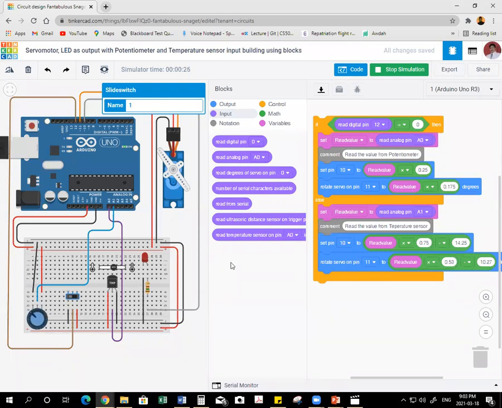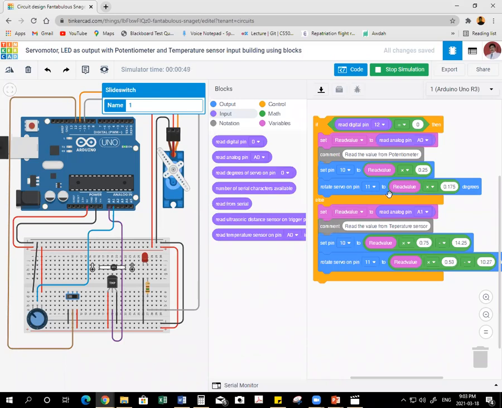I think some connections are missing. Read from analog pin A1. And analog pin A0, no problem. Rotate servo pin 11, right?